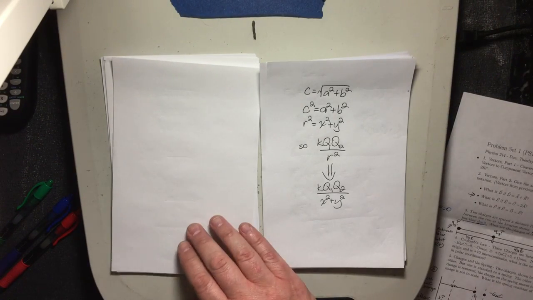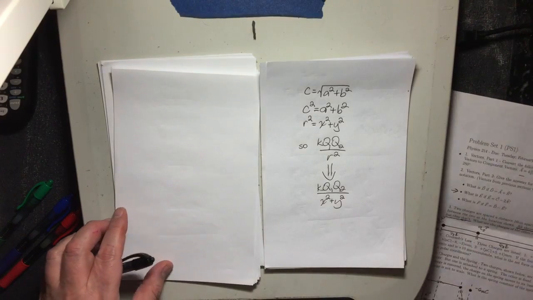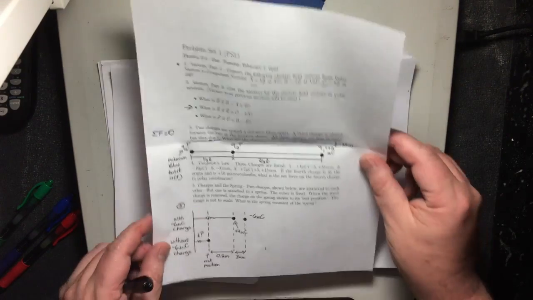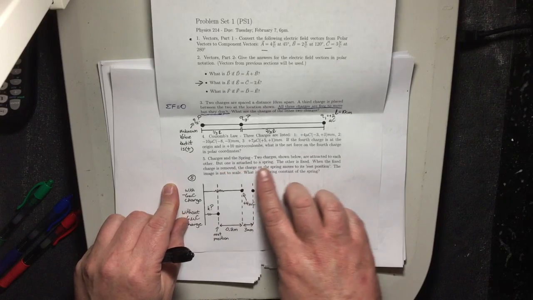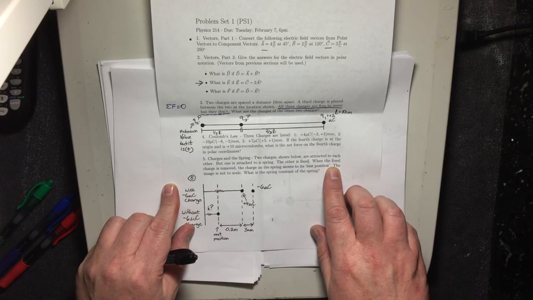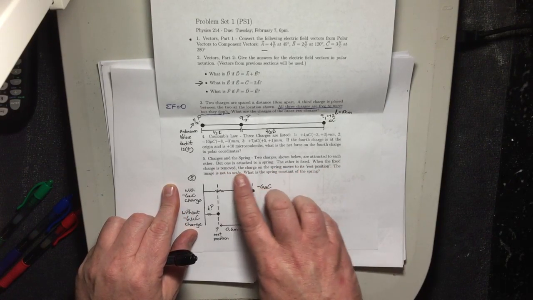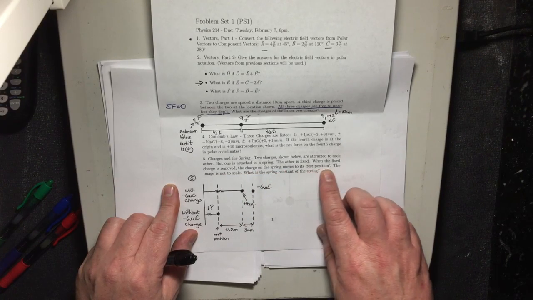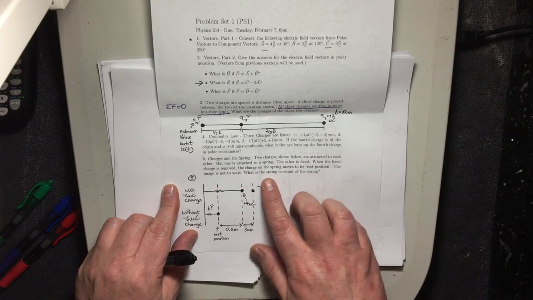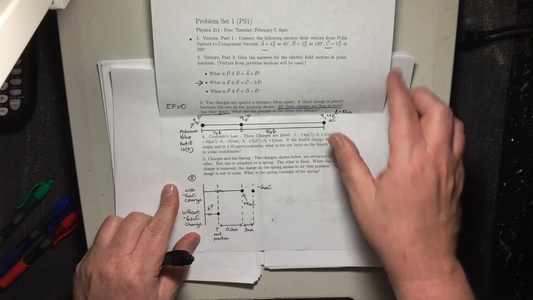It gets a lot easier from this. Number 5: two charges shown below are attracted to each other, but one is attached to a spring, the other is fixed. When the fixed charge is removed, the charge on the spring moves to the rest position. The image is not to scale. What is the spring constant of the spring?